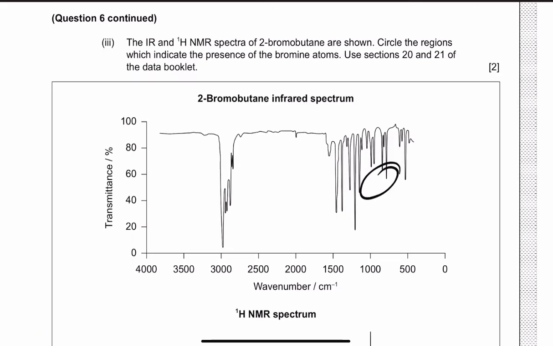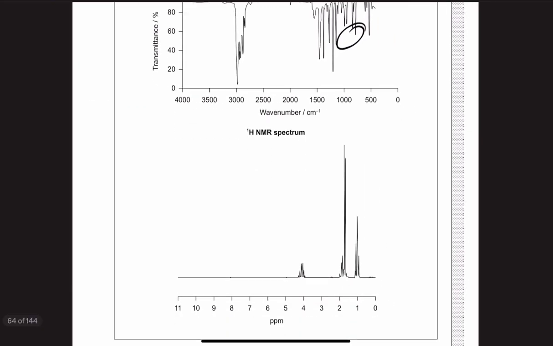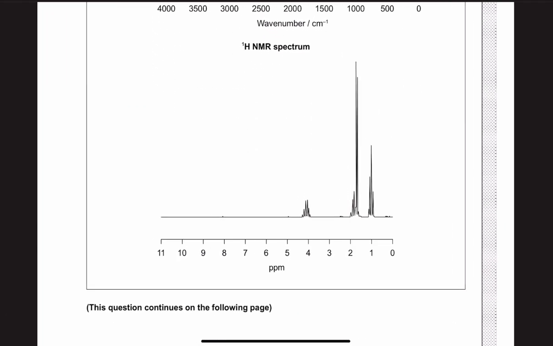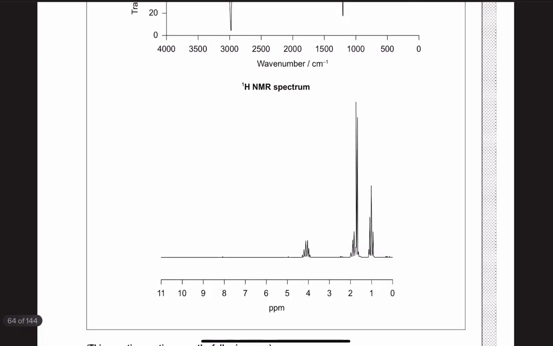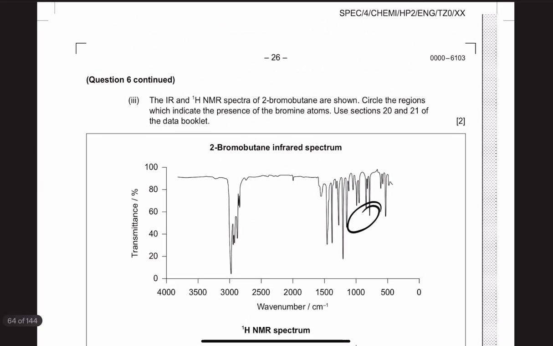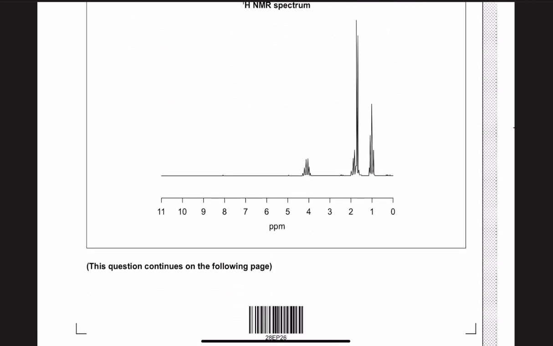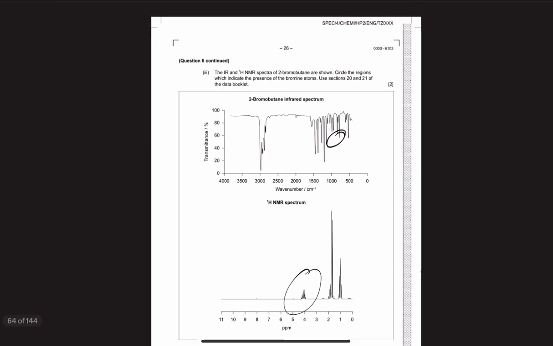It'll be here. Just double check, do it yourself, and check it. As for this one, you're checking the ppm for the presence of bromine atoms. You should be able to find it here.